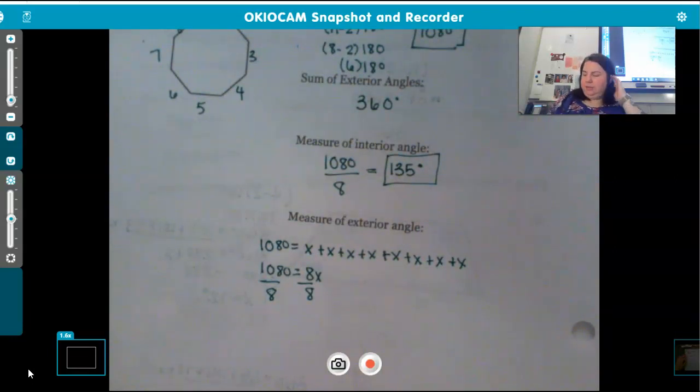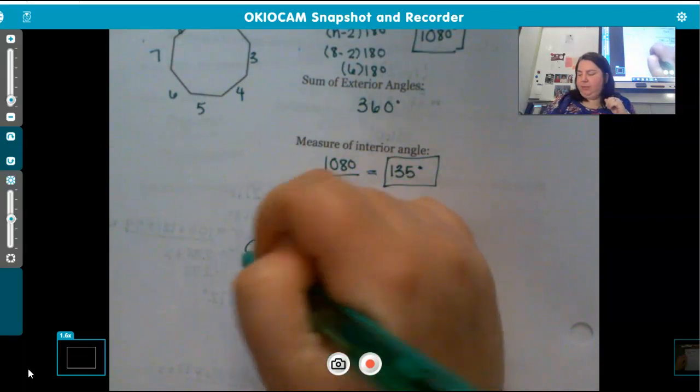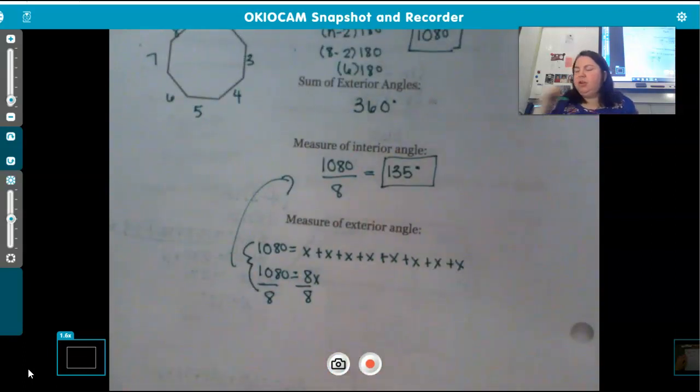Almost. Sorry, this should have gone up here. What measure of exterior angle? How am I going to find an individual exterior angle? Again, they're all the same. So what do I need to do? Same process we just used. Divide what by what? Okay, 8's one of the numbers. What's the other one?